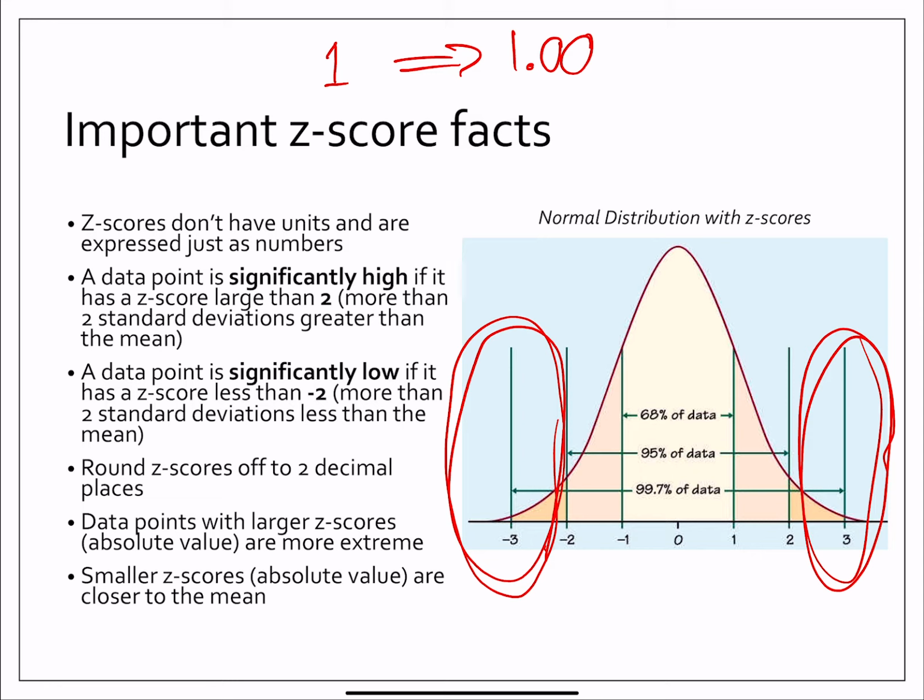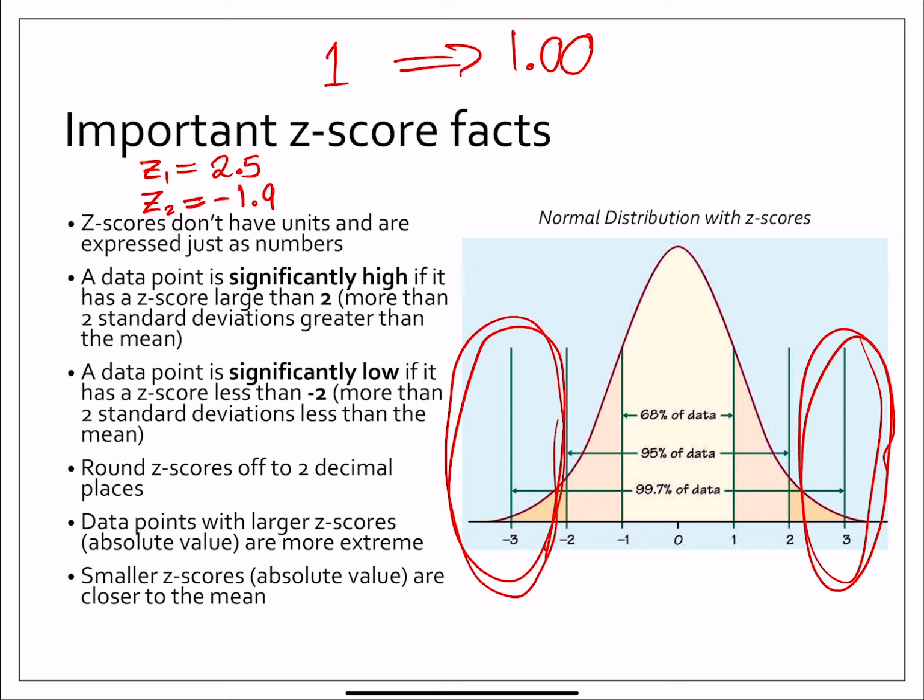So question, who would be taller? A person with a height z-score of, or a person with a height z-score, so I just put z1 and z2. Person 1's height has a z-score of 2.5, and person 2's height has a z-score of -1.9.